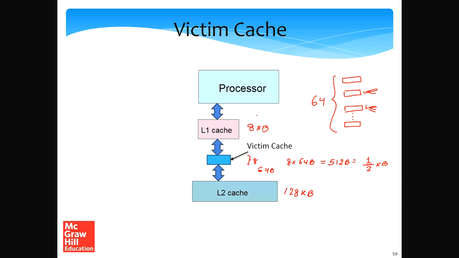If some of those lines can be accommodated in the victim cache, which, mind you, has half a KB of size in this case, then we can logically think that for some of the sets that have high contention, we have in a sense increased their size.